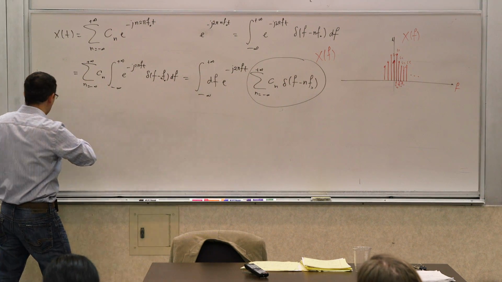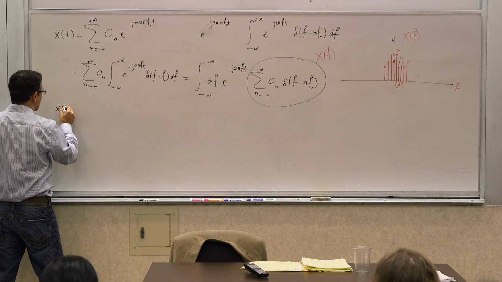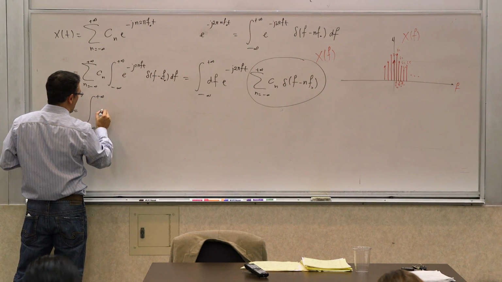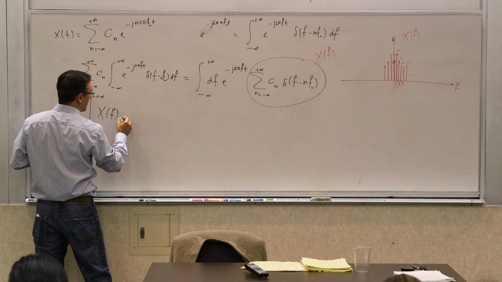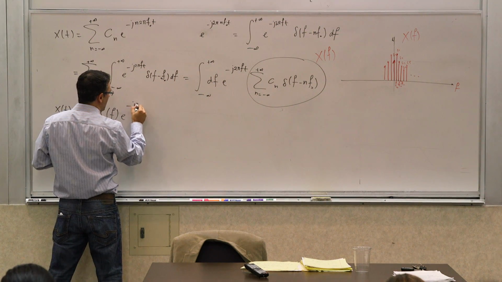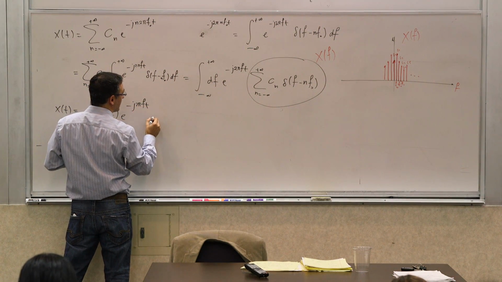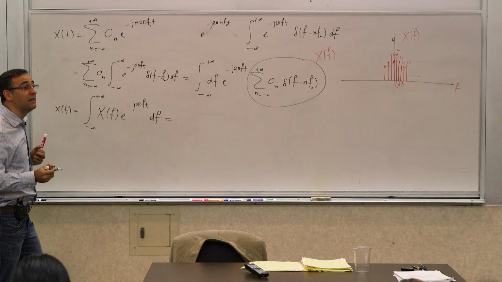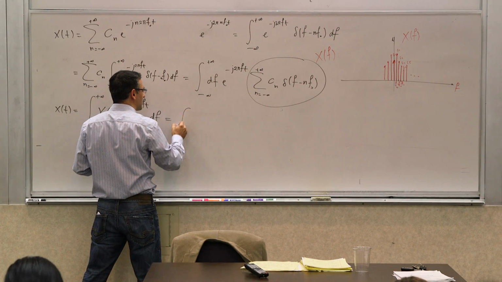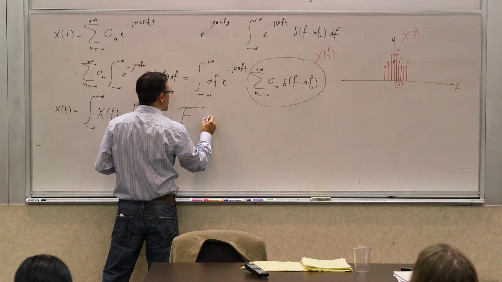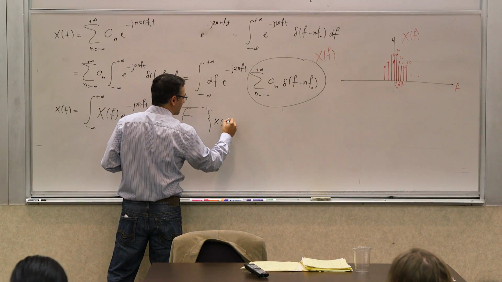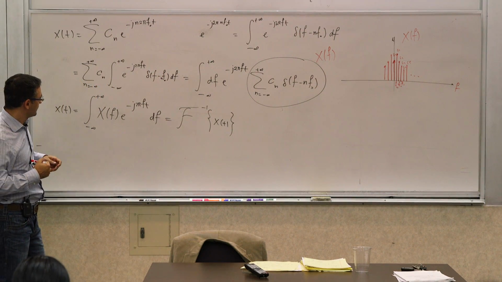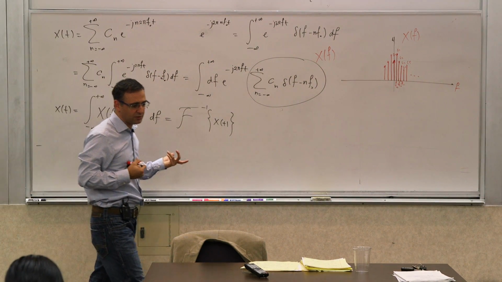So if I use it that way, I can write x of t as the integral from negative infinity to positive infinity of X of f e to the j 2 pi f t df. Now, this is really what we call the inverse Fourier transform of X of f.